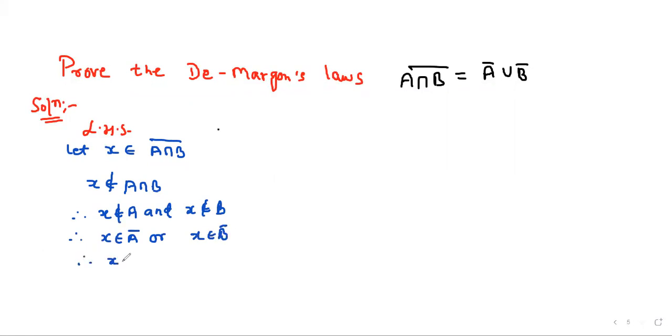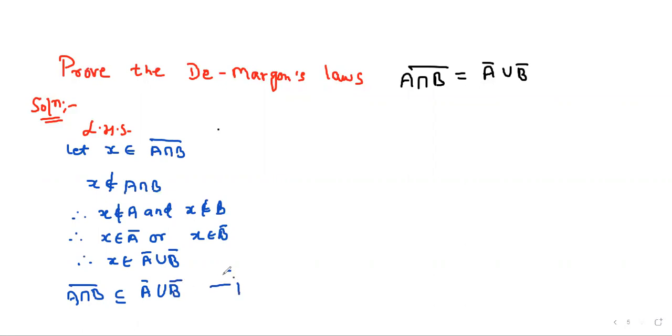When you combine these two terms, you will get X belongs to A complement union B complement. Therefore, you can say (A intersection B) complement is a subset of A complement union B complement.